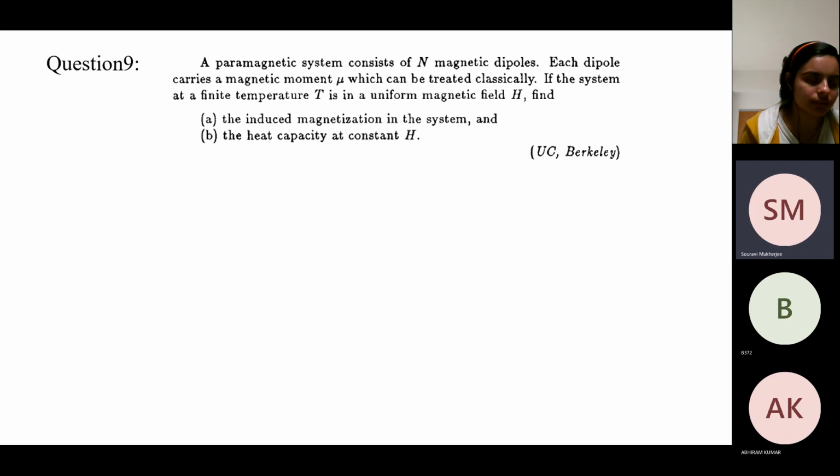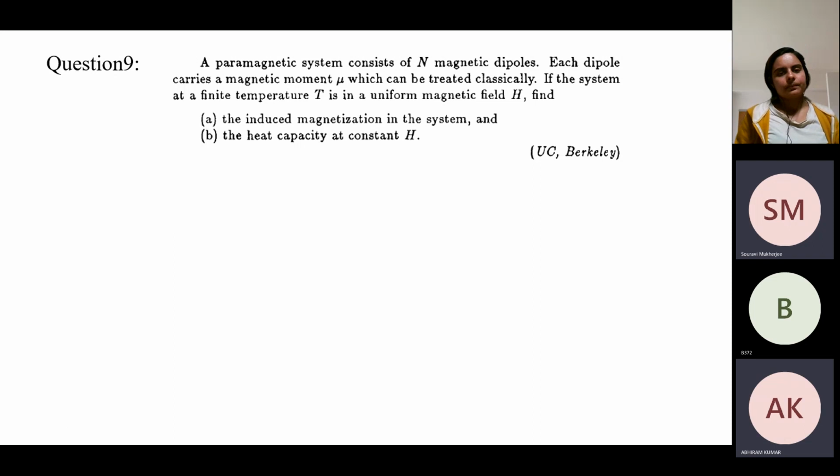So how do you do that? I'll share the solution, but what's the basic idea? When you are asked to find the induced magnetization in the system, first we derive the partition function.